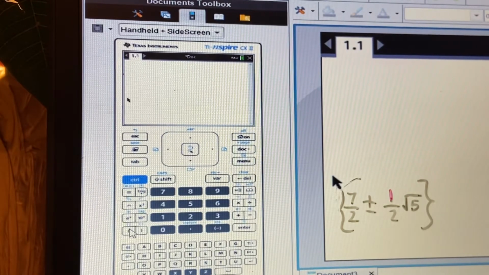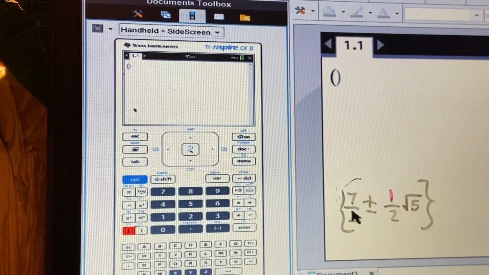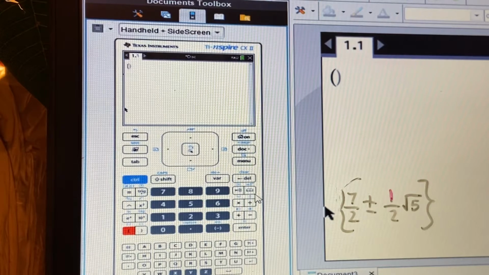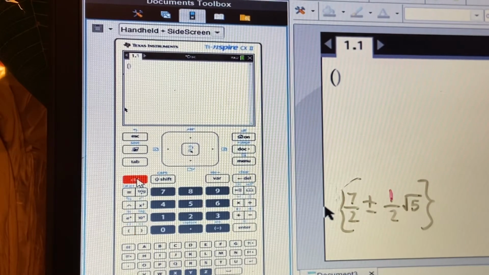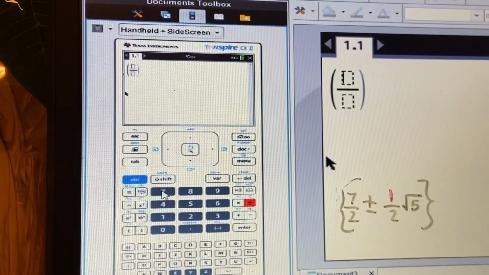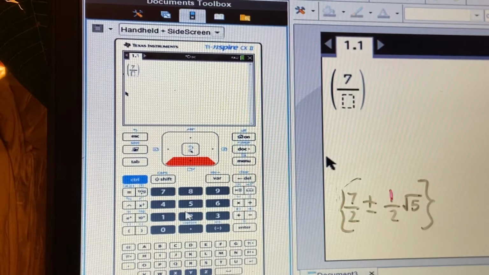So I'm going to put my 7/2. If you like to have the fraction written vertically like that, right above this division symbol, right up there in blue, there is the fraction bar, if you remember. So you can hit Control and then that, and that will give you that fraction symbol if you like to have things written just as they are. And then you can just arrow down.